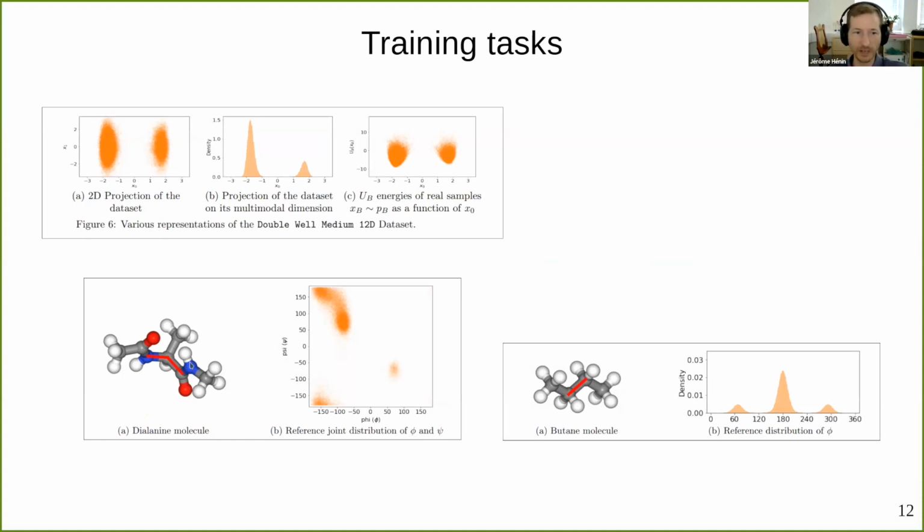You want to use a graph and a better representation, but you can always do that later once we make the loss more robust. Maybe not the best way to go about building a Boltzmann generator for a molecule, but a good way to go about testing different ways to train a Boltzmann generator.